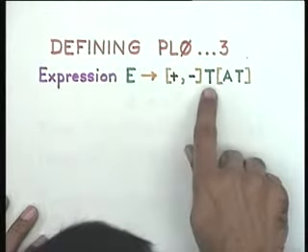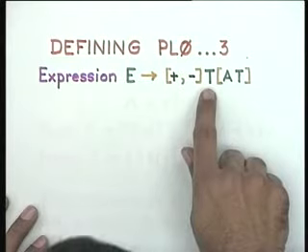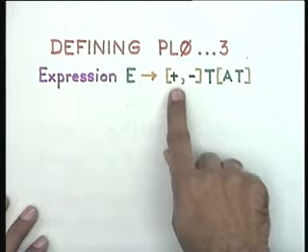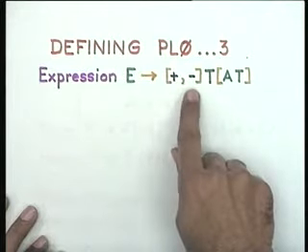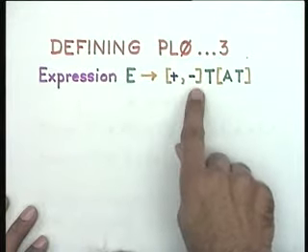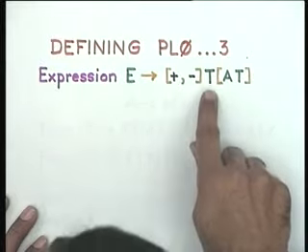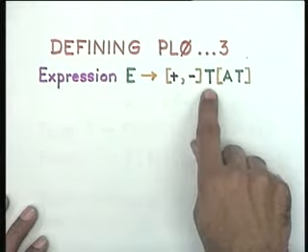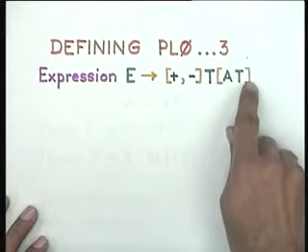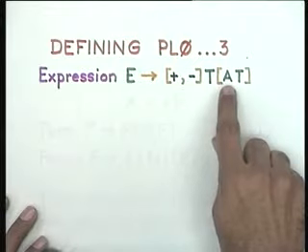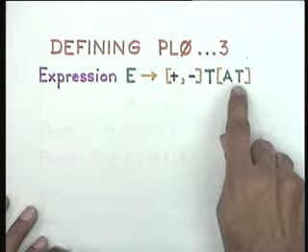So an expression is a term which might be preceded by a unary plus or minus, or since this is an optional clause, it may not even be preceded by any of these. Okay, so it might be an unsigned term, if you like, followed by optionally an addition operator and a term.